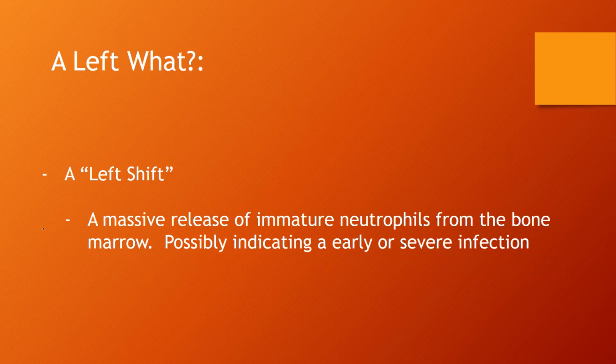When someone gets an infection and it's getting worse, the body will produce a massive number of neutrophils out of the bone marrow, but they need time to mature. And so there's this little scale, and when the bar graph on the left was bigger than the bar graph on the right, meaning there's more immature neutrophils than mature neutrophils, that's why doctors started calling it a left shift.